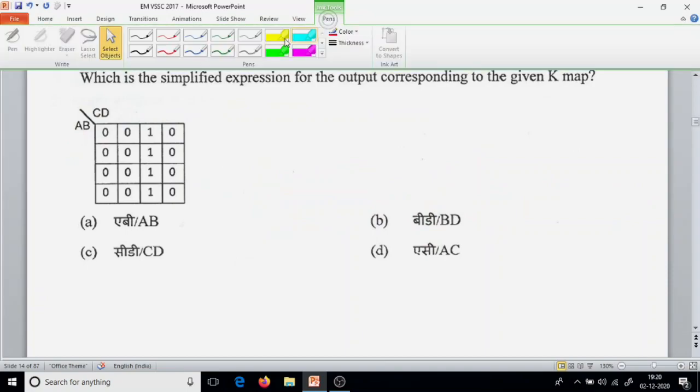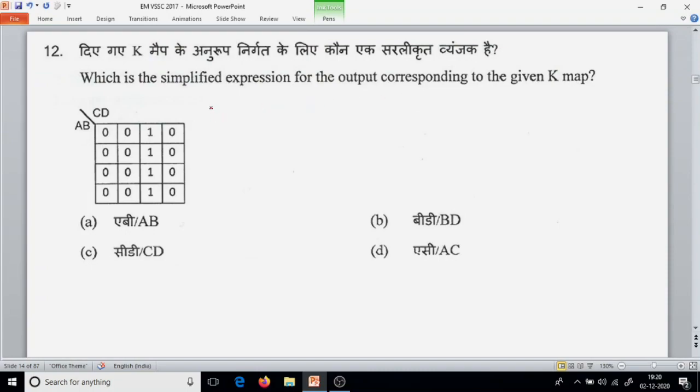Question number 12. Which is the simplified expression for the output corresponding to the given K-map? The K-map is given. How do you draw a K-map?